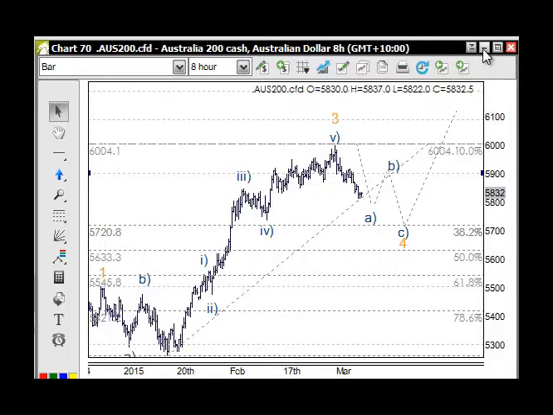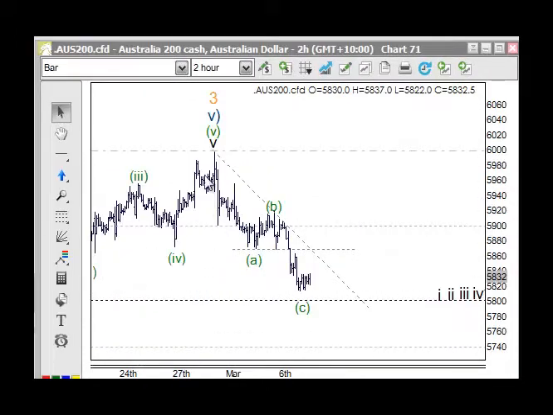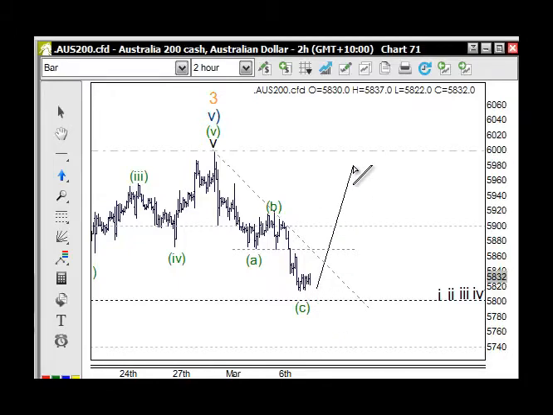Drilling in here, the move down from here can be counted as an A and a B and a C wave. Now, if the market moves up through the low of wave A here, then that would confirm that we are looking at an ABC correction. And as I mentioned, we could simply move up from that point. Otherwise, we would move up into this trend line and then move down here, and then we would have 5 waves down from the high.